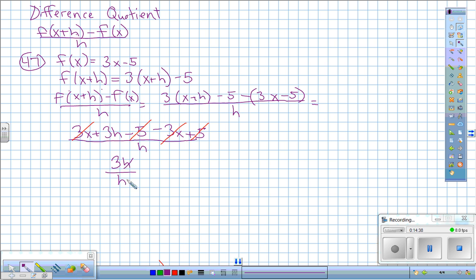My h's then cancel out, and I'm just left with 3. Okay, in calculus, this is called the definition of the derivative. They make it seem really hard when you're in calculus, but it's really not that bad.